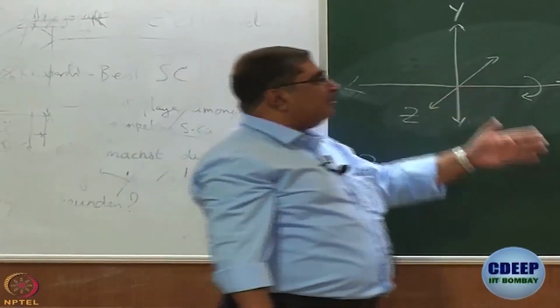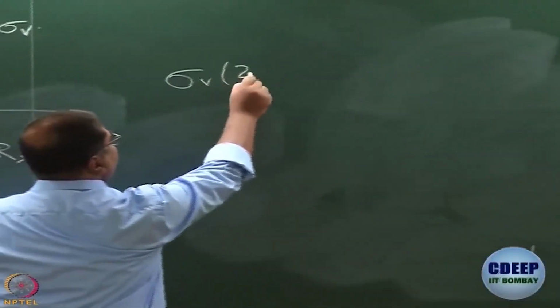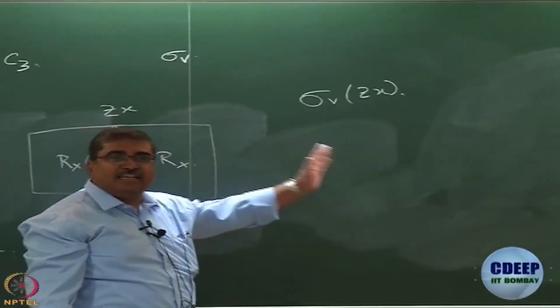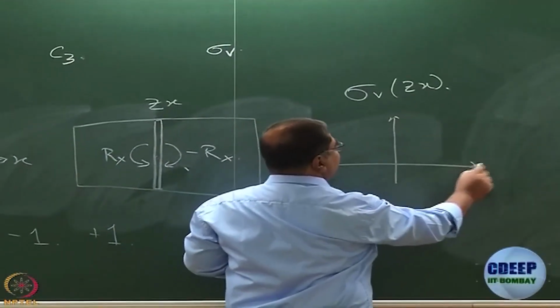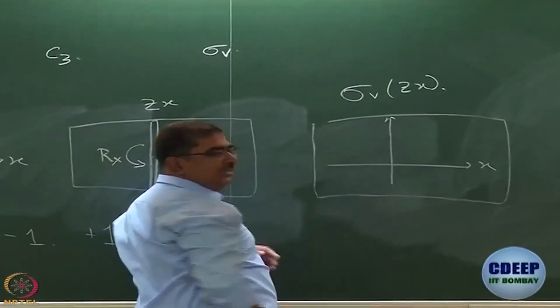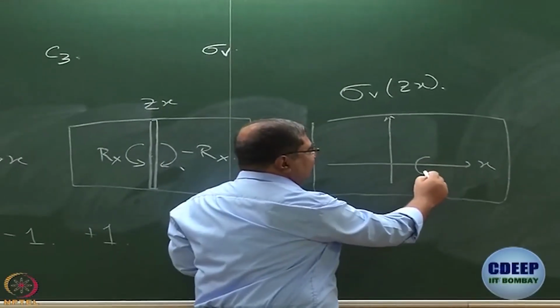But if I now apply sigma V is Zx. Okay. Now, this time I will try another orientation. This is Z, this is X, this plane of the board now is your sigma V X. Okay. What is Rx? How did we draw it? Something like this.